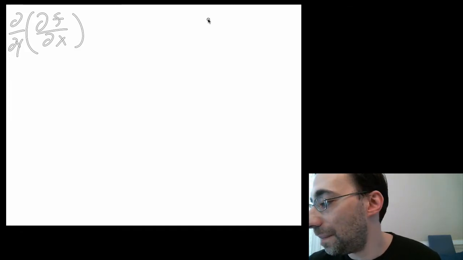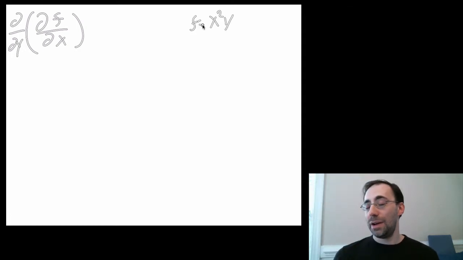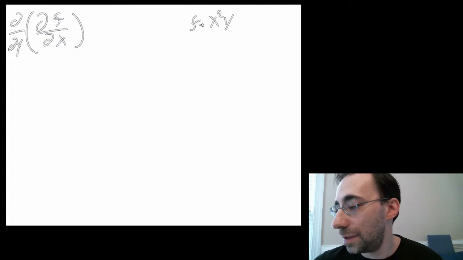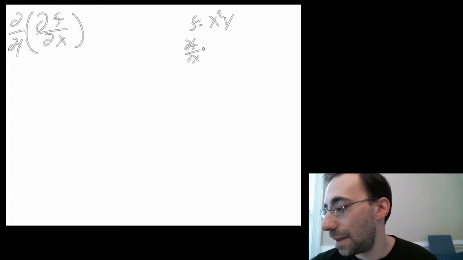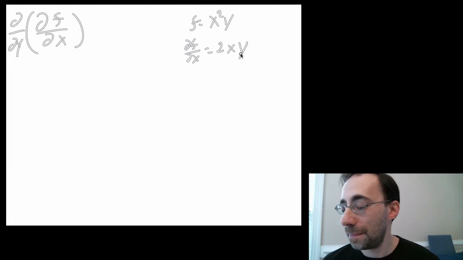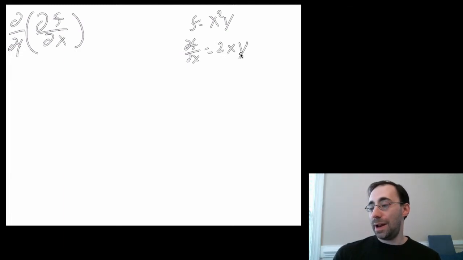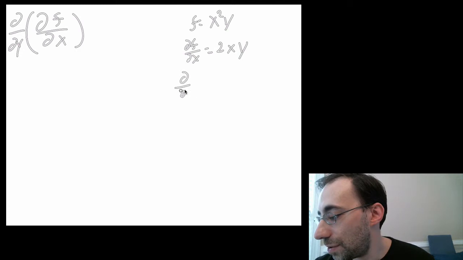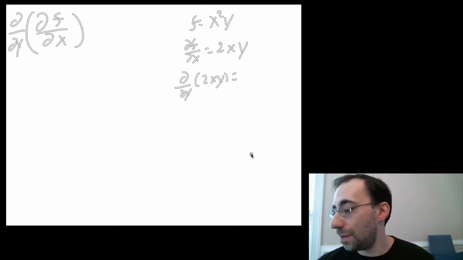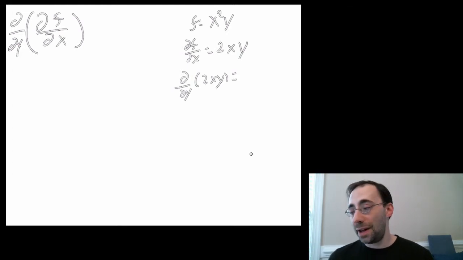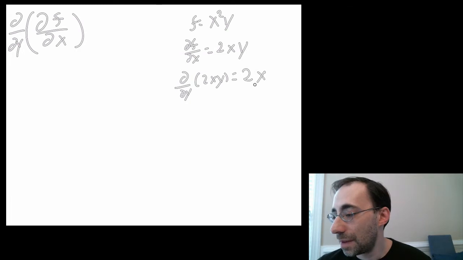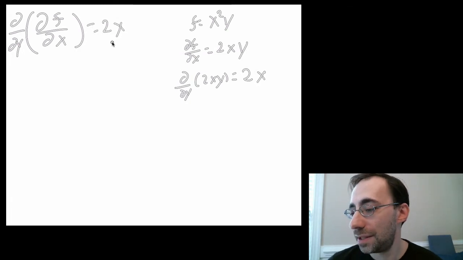As an example, if we had x squared y, first we would take partial x of f, and that would be 2xy. Now we would take partial y of 2xy, which treats x as constant now and differentiates y with respect to y, which gives us 2x. So this thing would be 2x in that case.